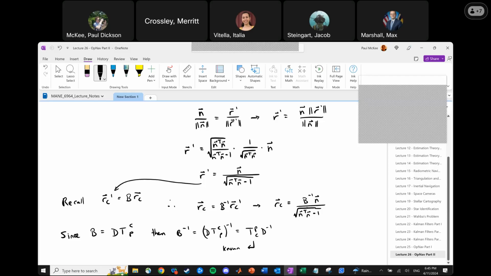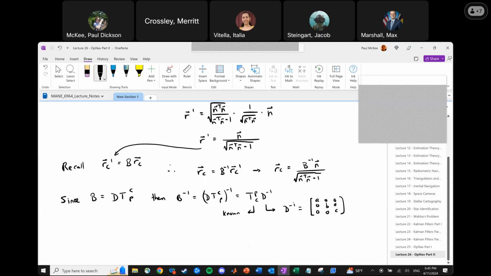We're going to brush past that for now. And then D inverse is just A, B, C along a diagonal, where those are the three primary axes of the ellipsoid that describes the planet that we're working with. So if we put everything together, we get this equation. The vector from the spacecraft to the planet in the camera frame is n transpose n minus 1 to the negative 1/2 power times TP to C D inverse n.